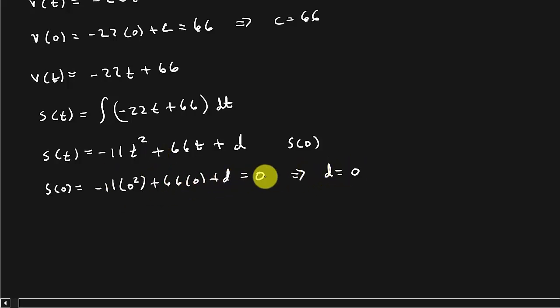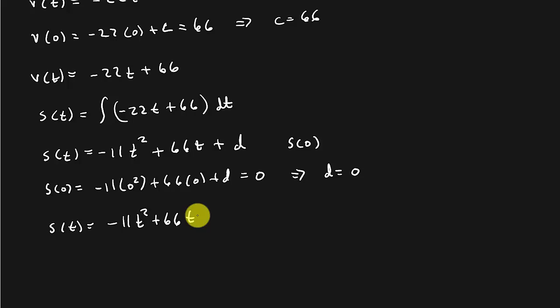And so we get S of t is equal to negative 11t squared plus 66t. There's my position function. Now we want to know how far did he travel before he came to a stop.